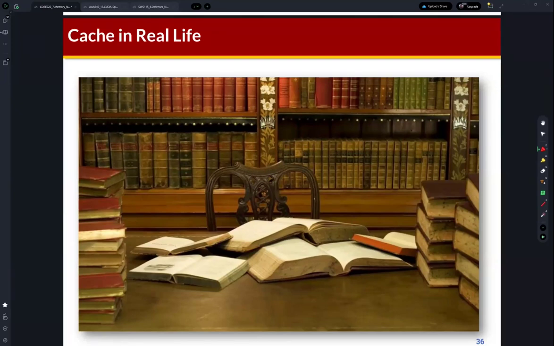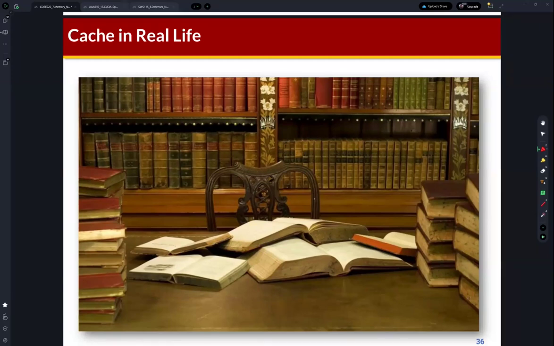So what can you see in this figure? You can find a large number of books in a bookshelf. Also, you can find a few books on the desk. So why is this an analogy of a cache? You can think that books are data.